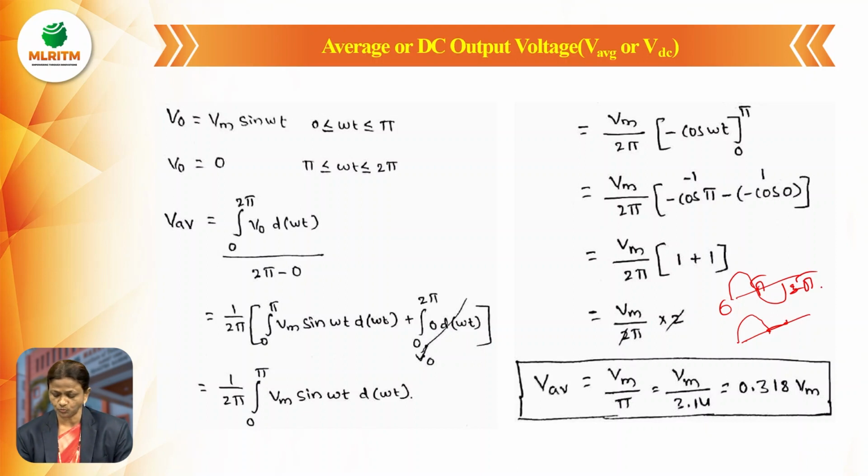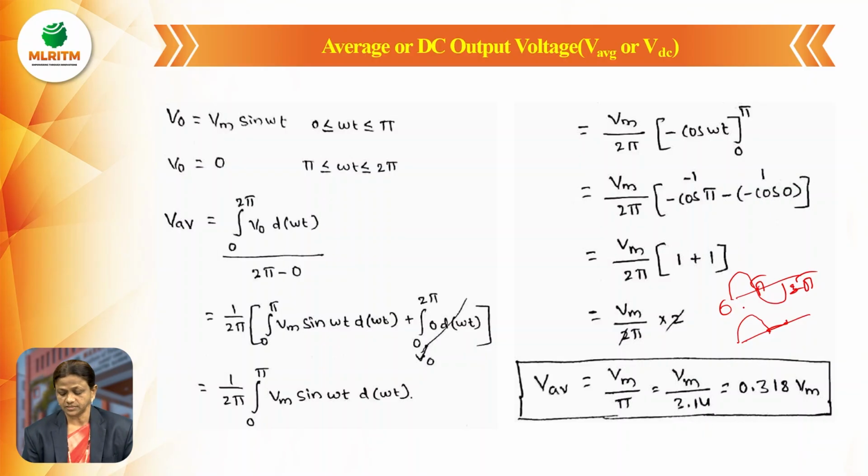So from 0 to 2 pi, how can you calculate the average or DC output voltage? The area covered by this signal from 0 to 2 pi, divided by 2 pi minus 0.